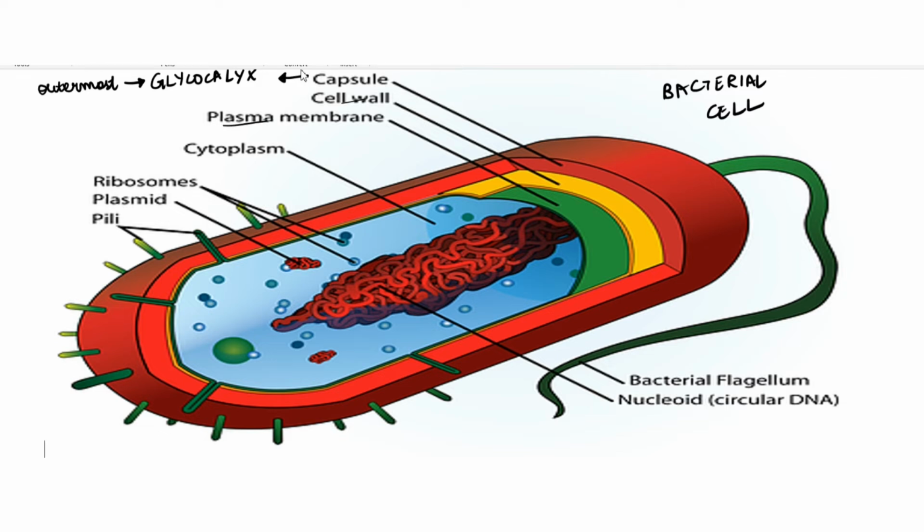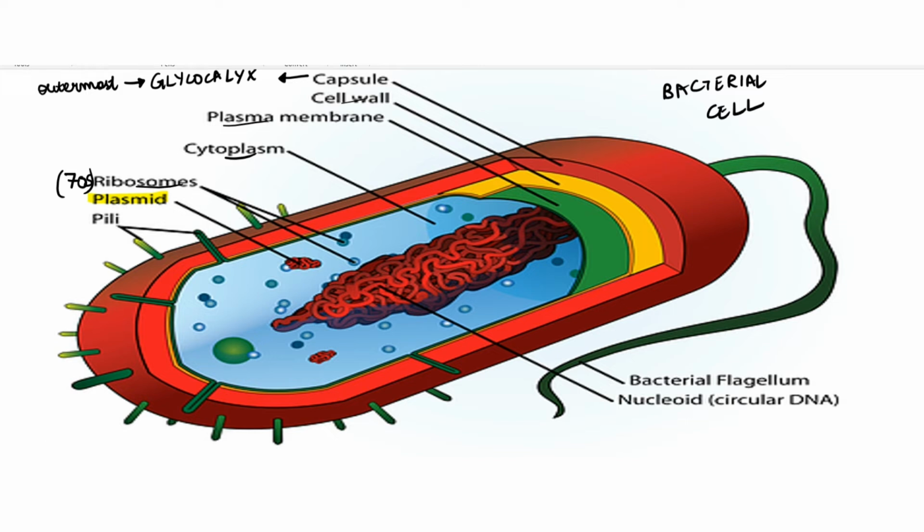Next is the cytoplasm, a semi-fluid gel-like matrix. Next, these small rounded particles are the ribosomes, which are of 70S or 80S? 70S. Next, we have the plasmid, which is extrachromosomal. Can you see it's outside the genetic material? It's something other than genetic material.